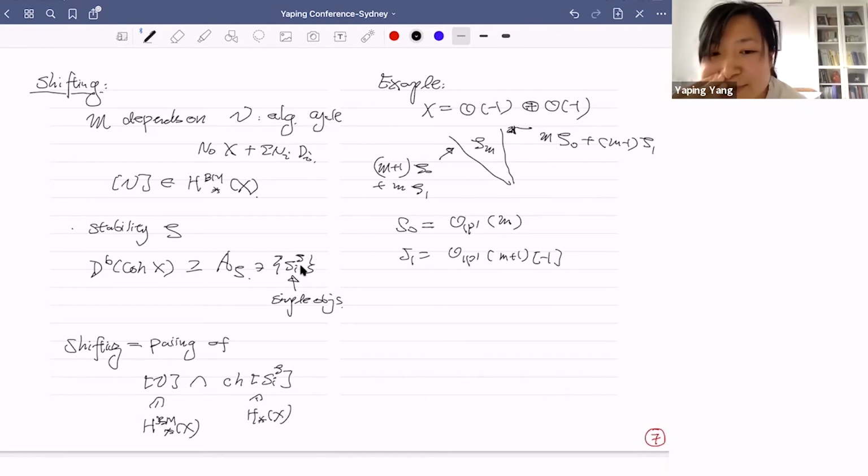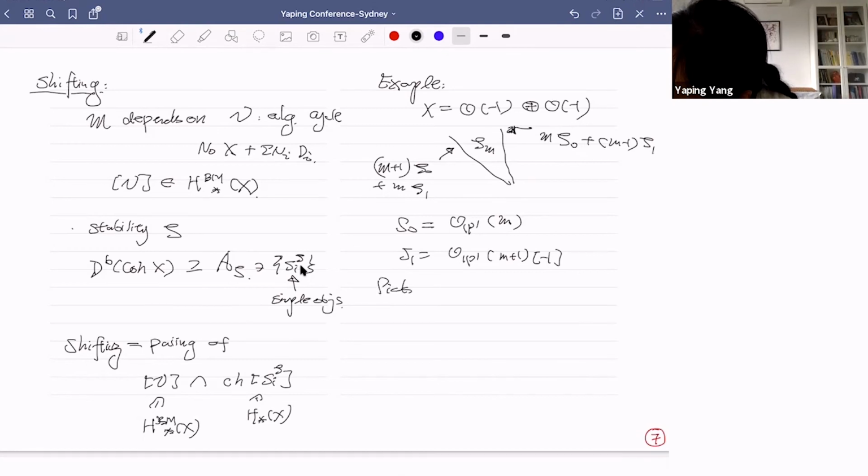Right, so you can do the explicit computation in this case. If I'm picking this preferred sheaf V to be the structure sheaf, then this pairing, this shifting and pairing with X. So let's pair it with the imaginary root, which is the Chern character map of the sum of the simples.